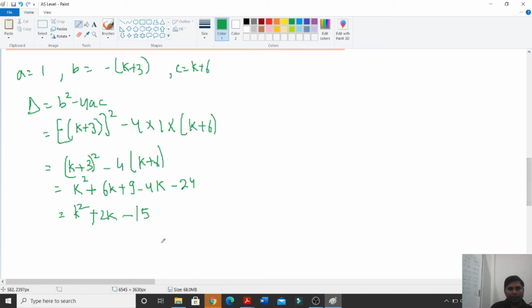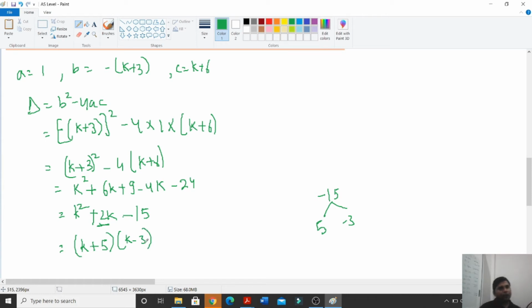Okay, now we need to simplify this. So if you factorize it, you will get the factors of minus 15. There will be two factors like 5 and minus 3, so that the factor addition will give you plus 2. So the factors will be k plus 5 and k minus 3.